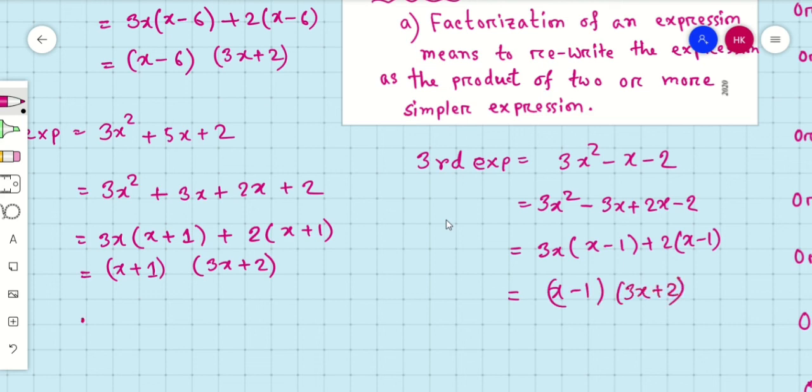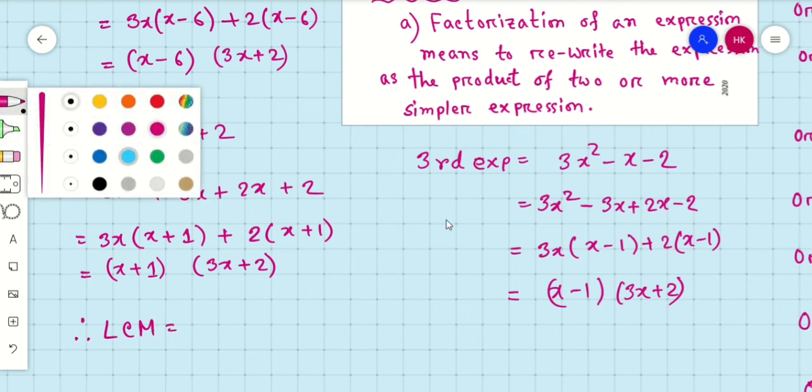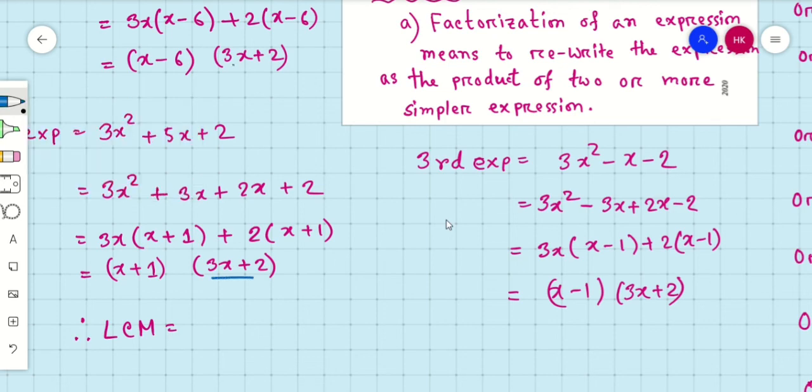Now it is time to find the LCM. The LCM should be, we need to take the common factor from all these expressions. This is 3x plus 2, here is 3x plus 2, and here is 3x plus 2.